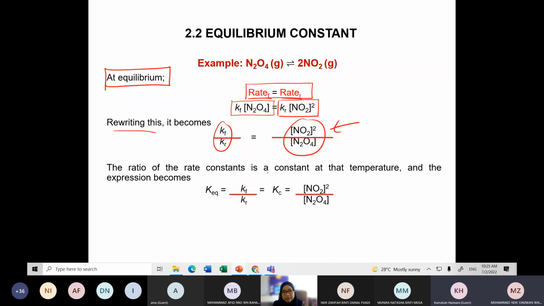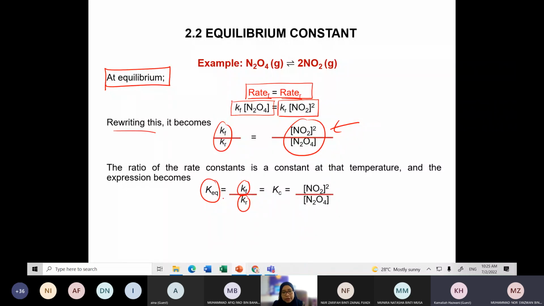The ratio of the rate constants is a constant at that temperature. So Kf and Kr are both constants, and we can simplify them into another constant known as K equilibrium.